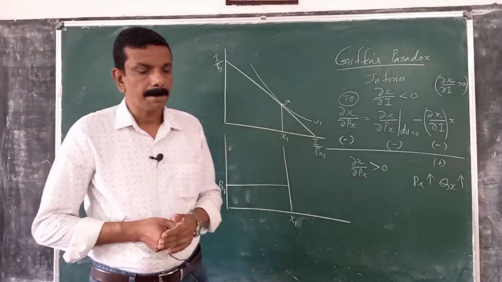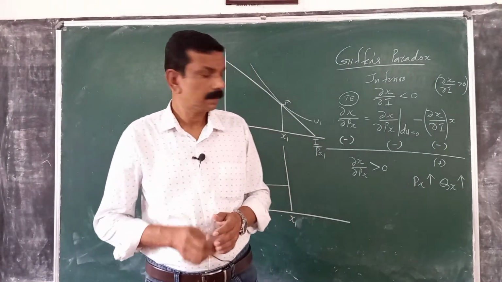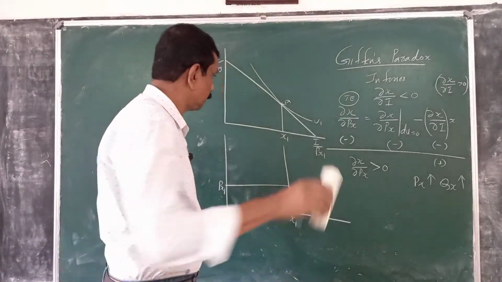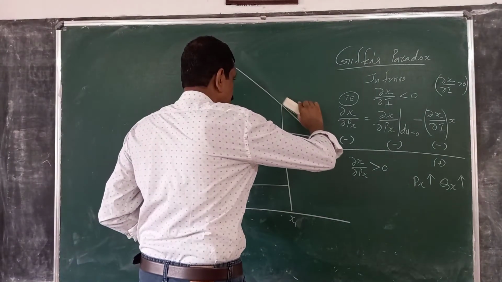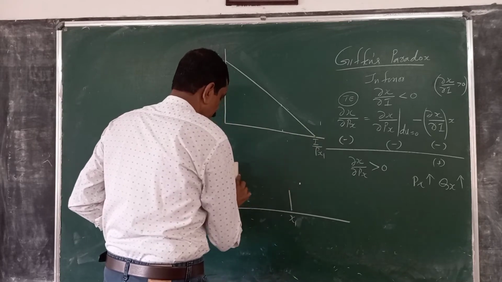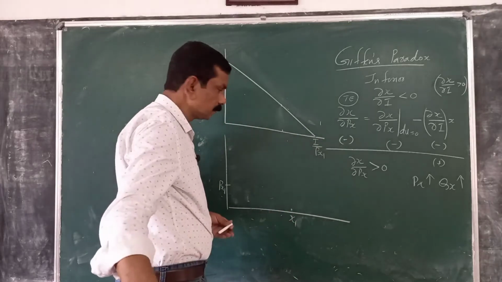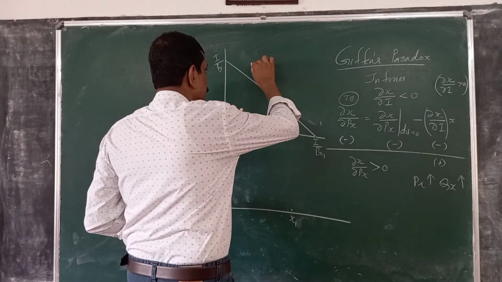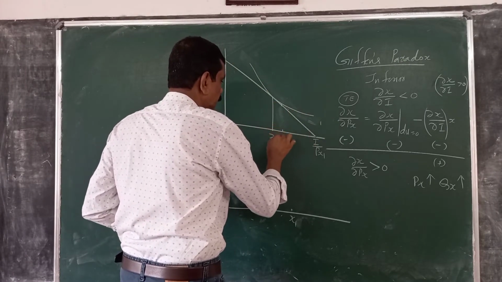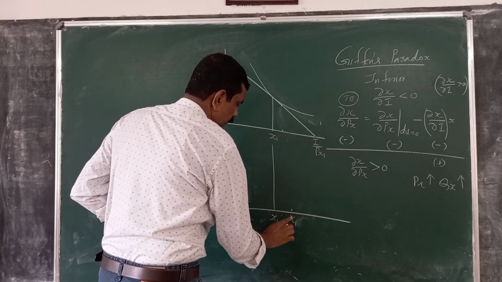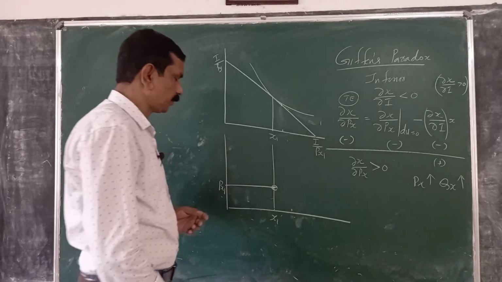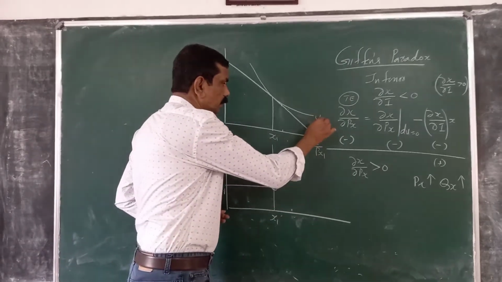Now, let me slightly modify. Quantity x1 when the price is Px1, on U1.